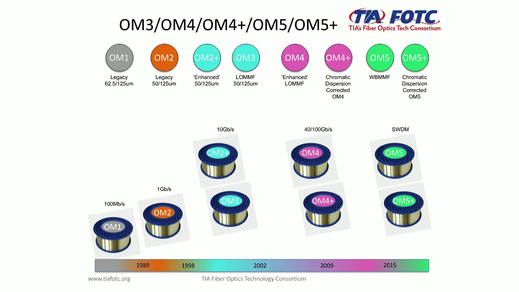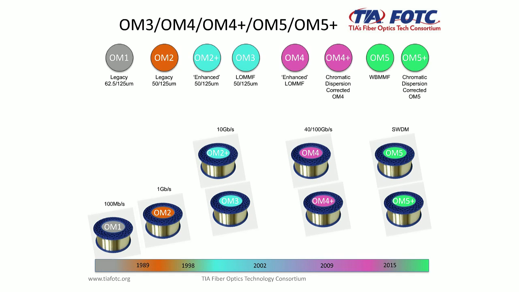gig. We have the launch of OM4 fiber, and now we have what we'll call dispersion compensating fibers. Multiple vendors have these now. They're basically OM4 fiber with a special characteristic that optimizes chromatic dispersion. I'm going to talk a little bit about OM5 fibers, wideband multimode fibers.